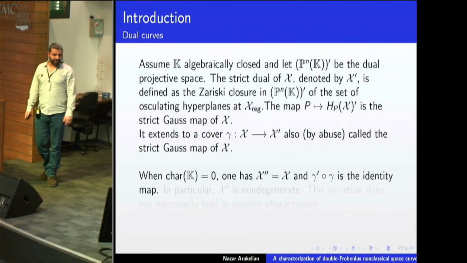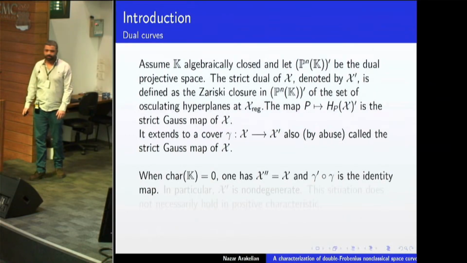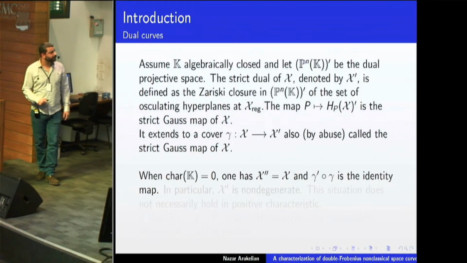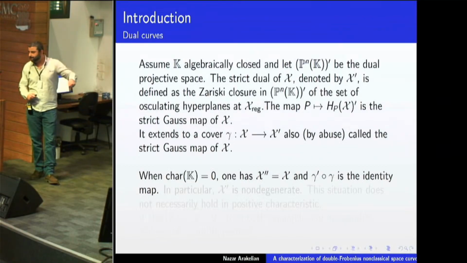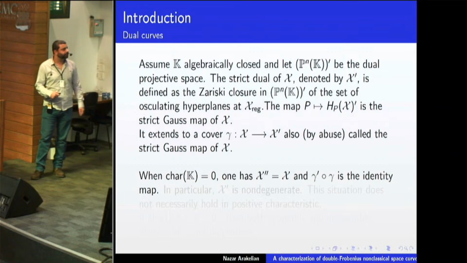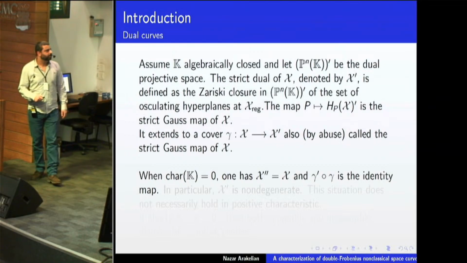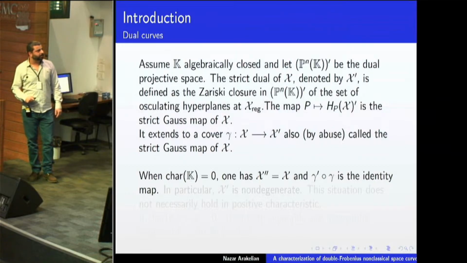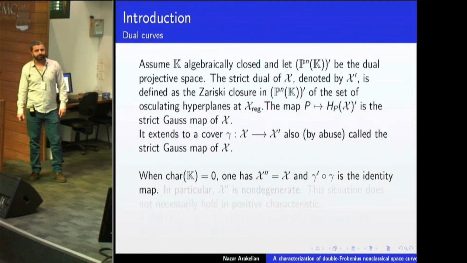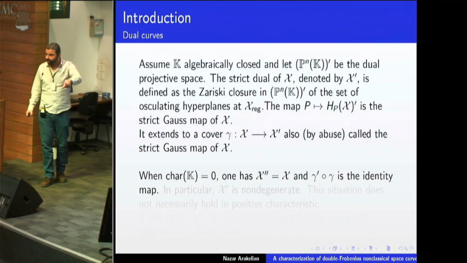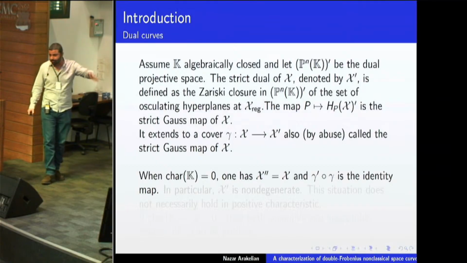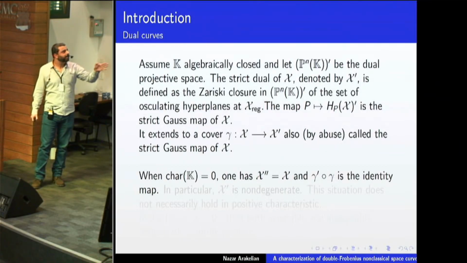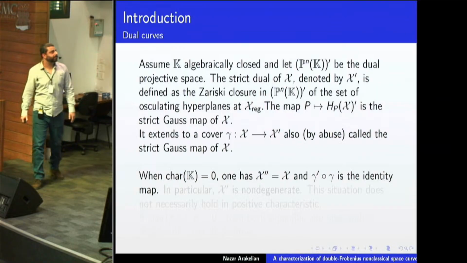When the characteristic of the ground field is 0, we have this nice property that the dual of the dual is again X. This is what I will call the bidual property. And if you call gamma prime the Gauss map of the dual curve, then the composition of the Gauss map of your curve with the Gauss map of the dual curve is the identity map.